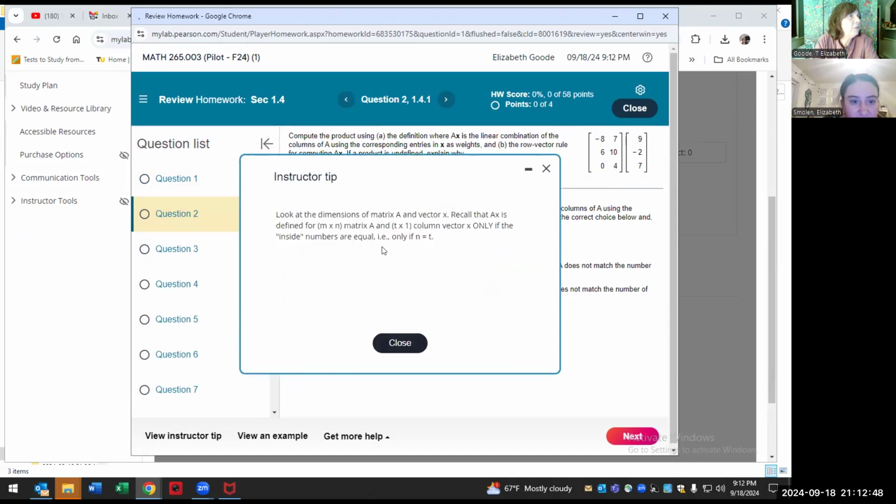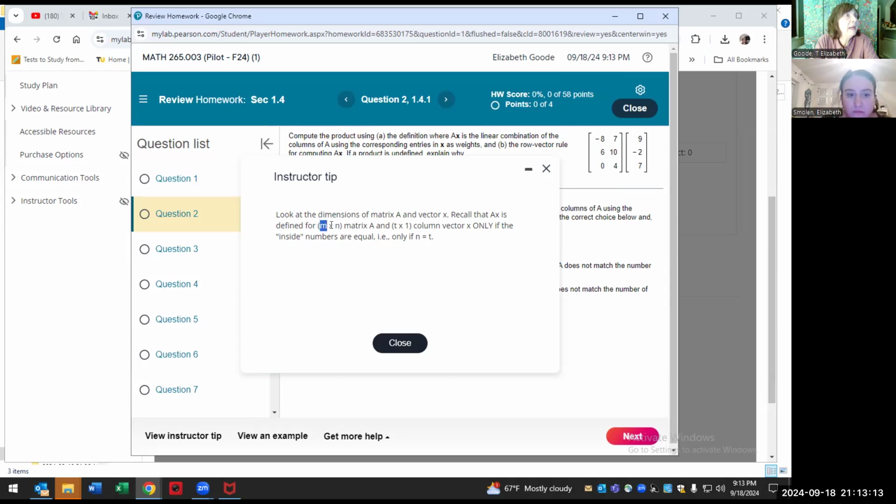So question 2 was just a reminder that if you want to multiply A times the vector X, then the number of columns in A has to equal the number of rows in the vector X, right? N has to equal T. That was my little tip. M by N means M rows and N columns.